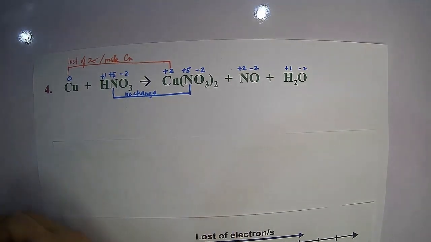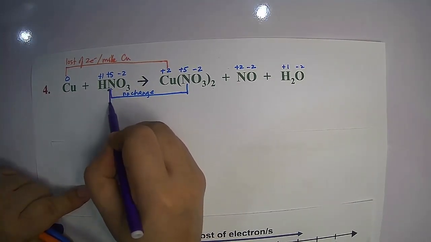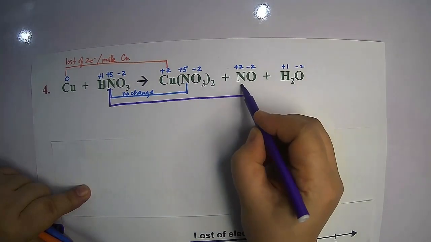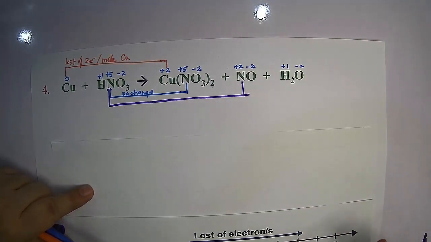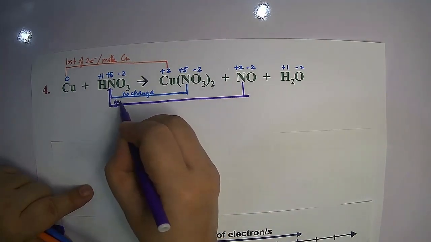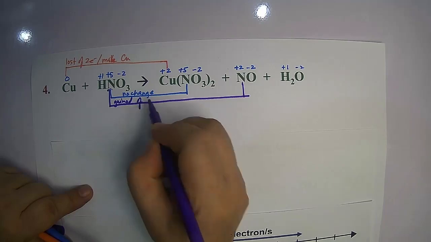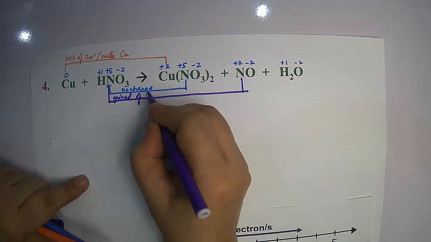However, some of the nitrogen from the nitrate here changes its oxidation number to +2. So from +5 to +2, there is a gain of what? From +5 to +2, how many do you gain?